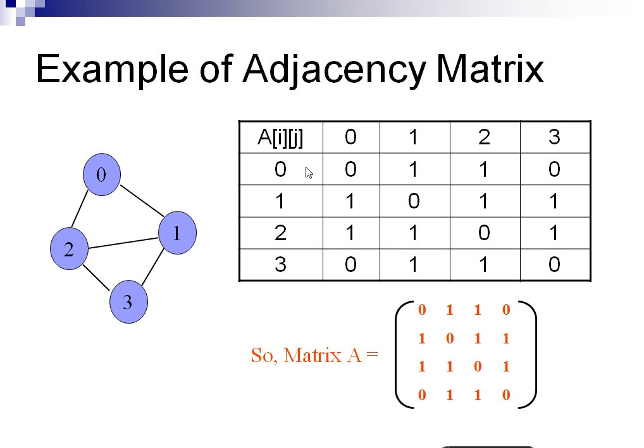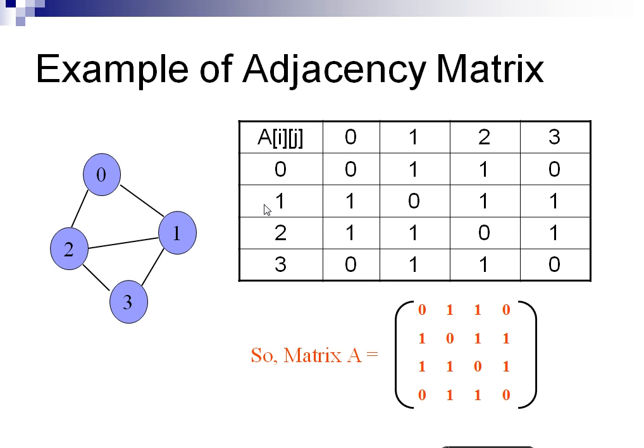Yes, so node 0, node 2 is having an edge, so we simply wrote here 1. Now find out if there exists an edge from node 0 to node 3. So there doesn't exist a direct edge. Okay, so we'll simply write here 0.